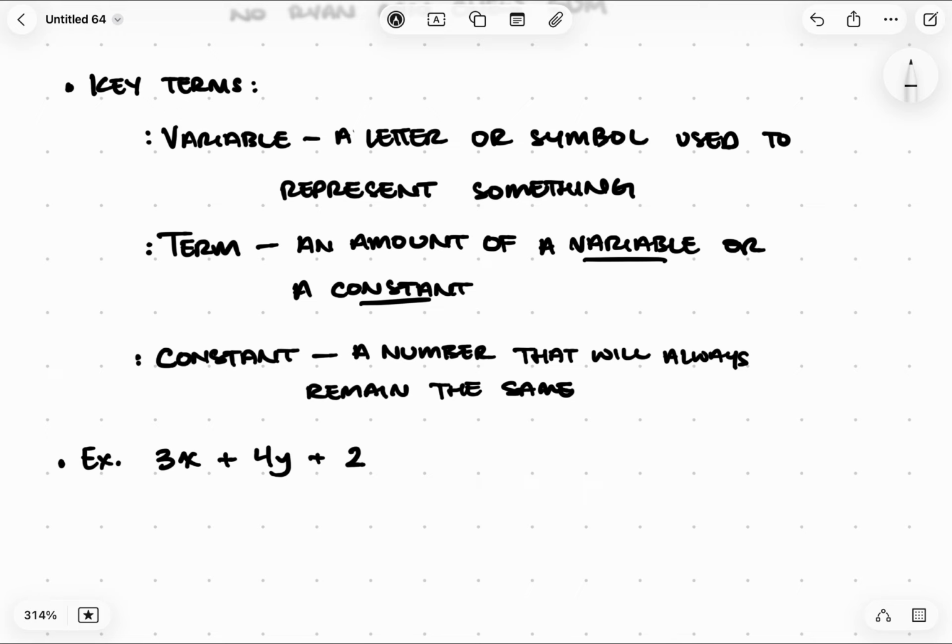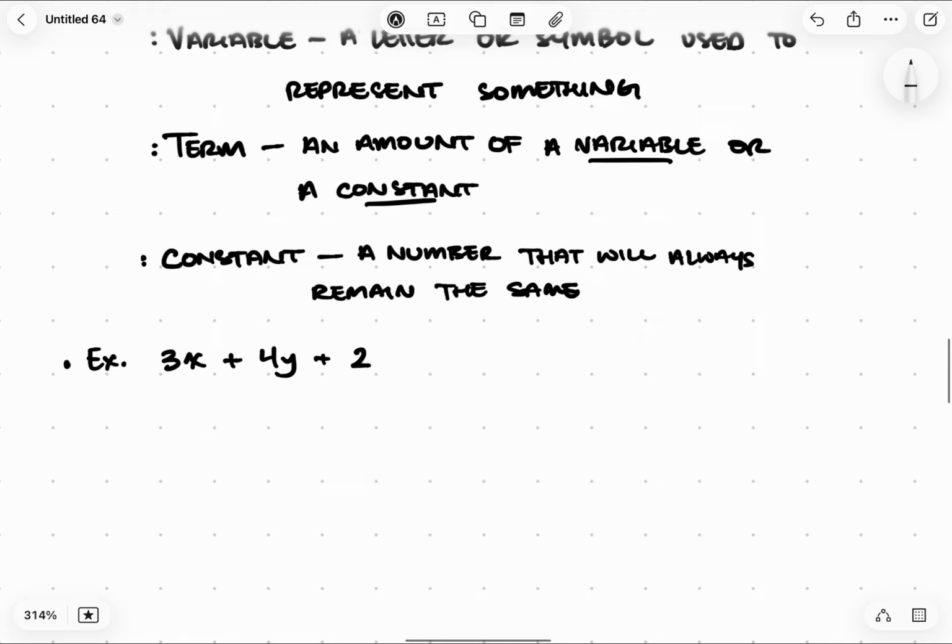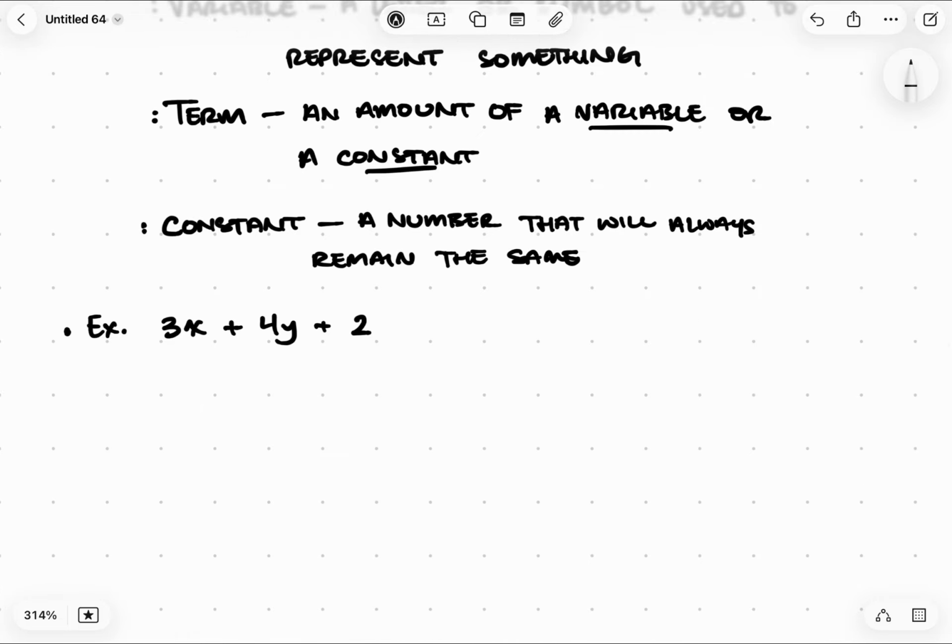I'm going to identify where the variables are, what the terms are, and where the constants are. Now these three right here are all terms because they're an amount of something, a variable or a constant. I have 3 of x, I have 4 of y, and I have 2 that will always be a 2.